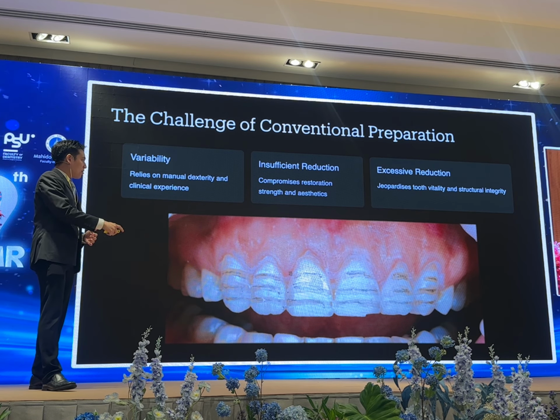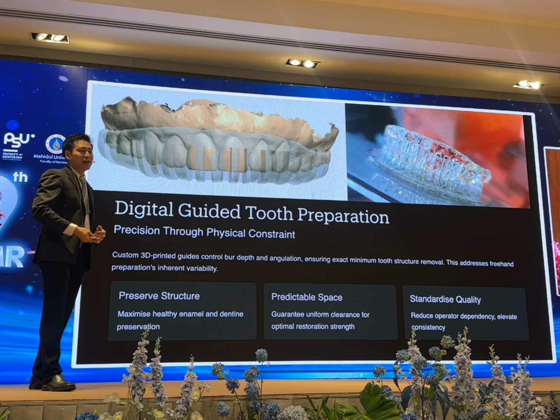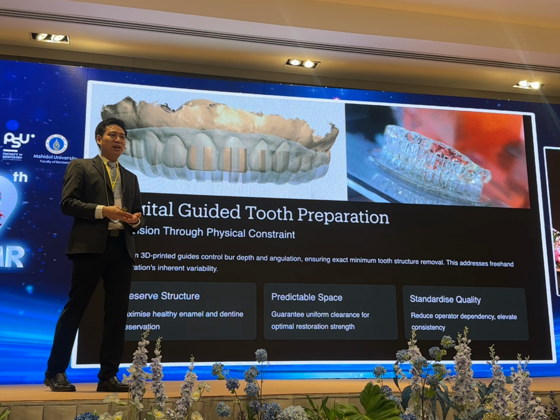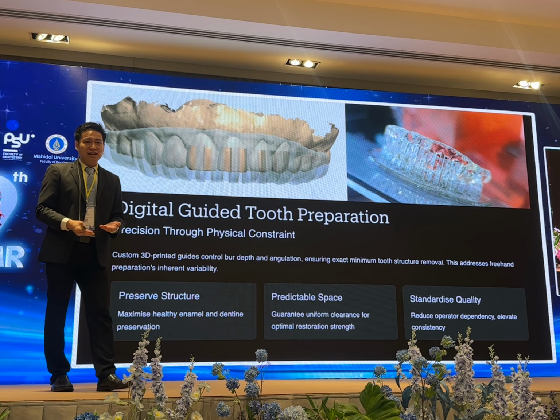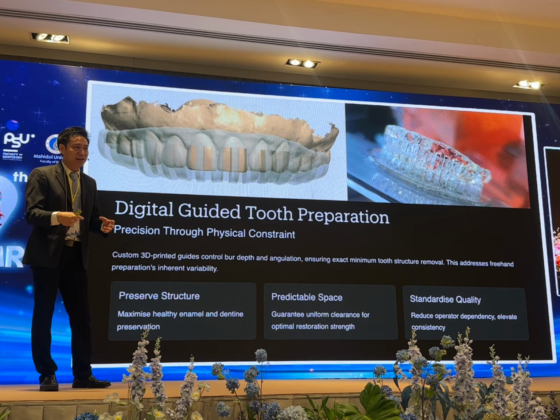But for the digital, when you use something very solid, like acrylic resin or composite, when you put it in, it's very stable. In the same way, you design the guide for the implant, like implant guided surgery.